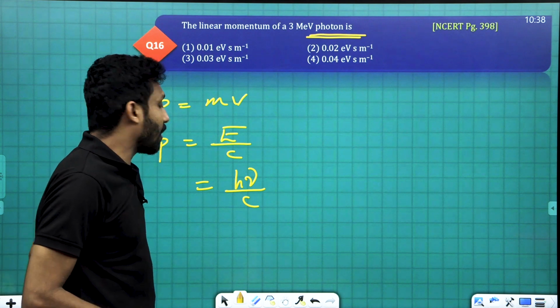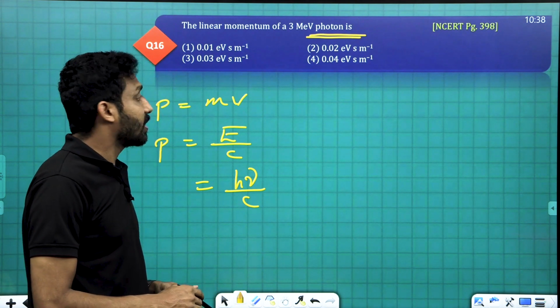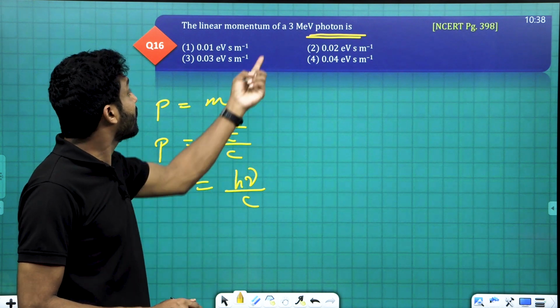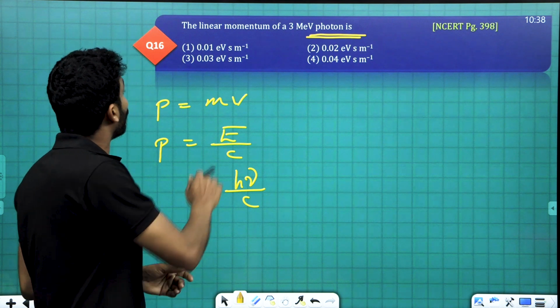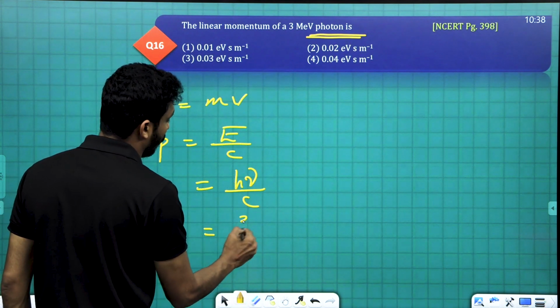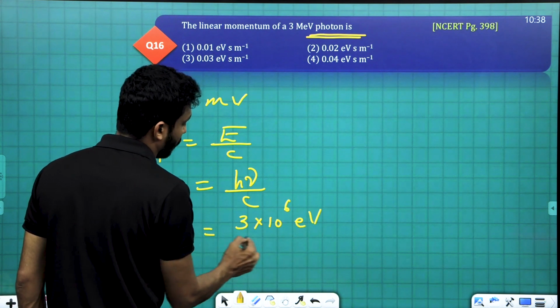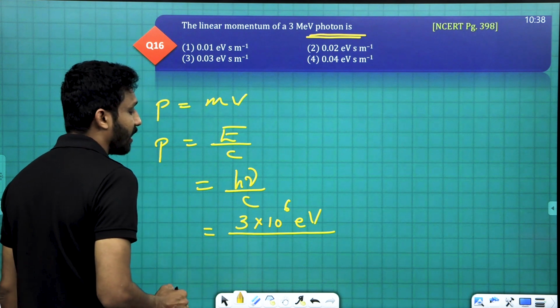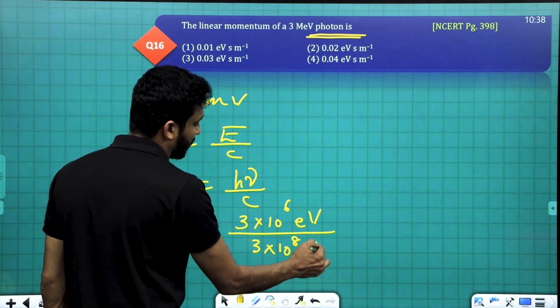Then energy is given here, 3 mega electron volt, and the options are in electron volt only. So this h nu is 3 mega, mega is 10 power 6 electron volt, divided by c. What is c? 3 into 10 power 8 meter per second.